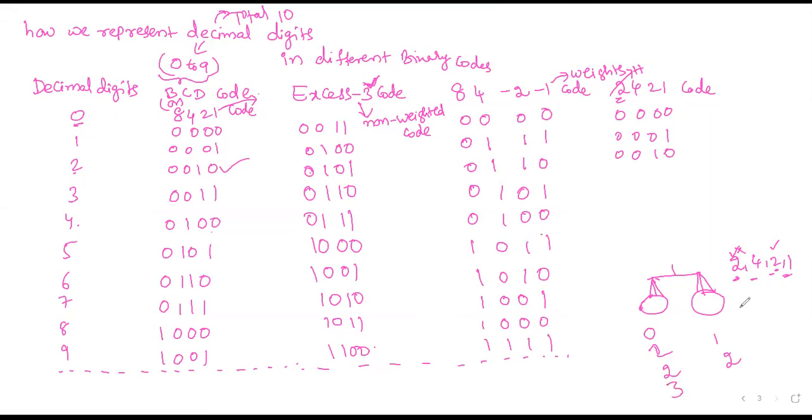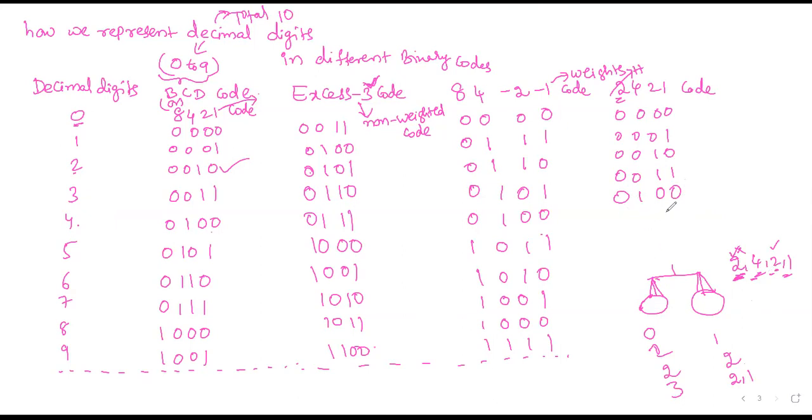3. 3 means which weights do you need to keep? 2 and 1. 4. 4 means you have to keep only 4, because for the first half, this one is 0.